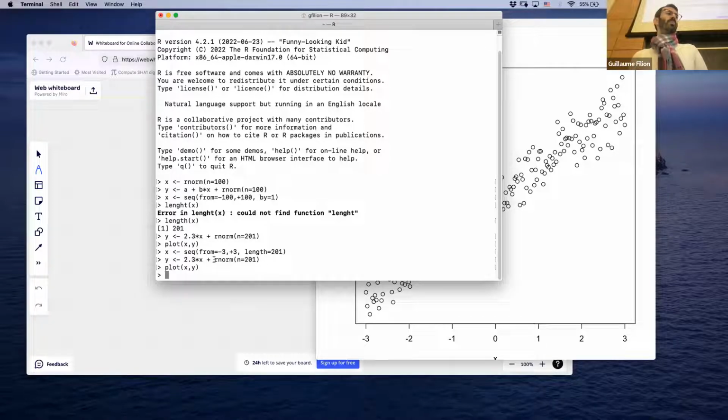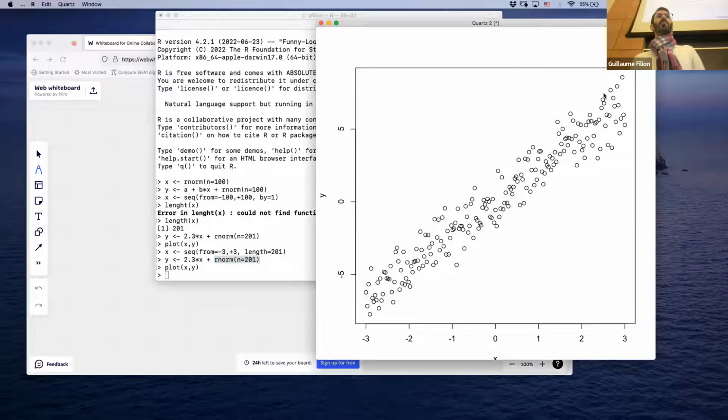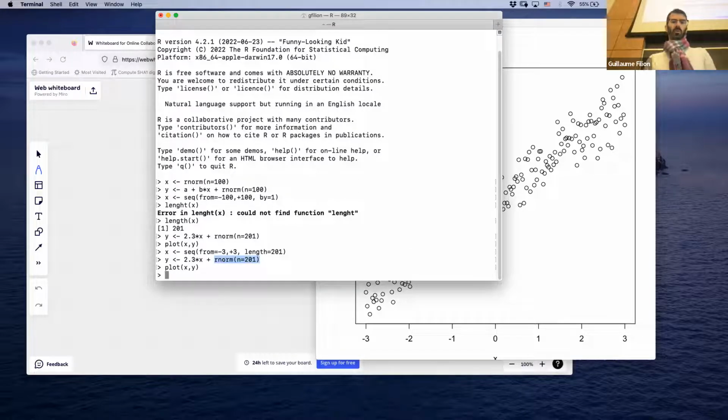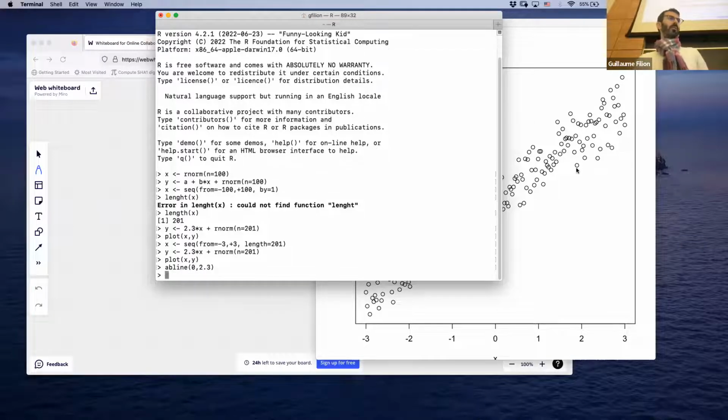And because the only thing that's random here is this Gaussian variable, everything else is deterministic. The only thing that can be random is this Gaussian random bit, which is the vertical deviations between the line and the observed points. I'm going to put the line actually at 0 and 2.3 here.